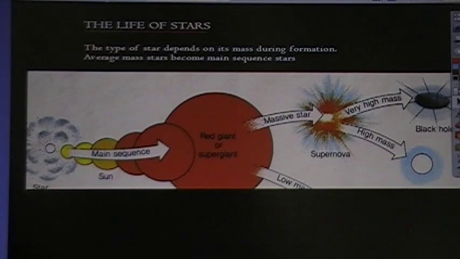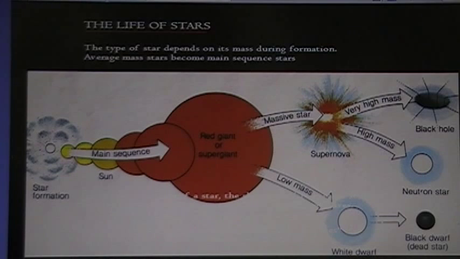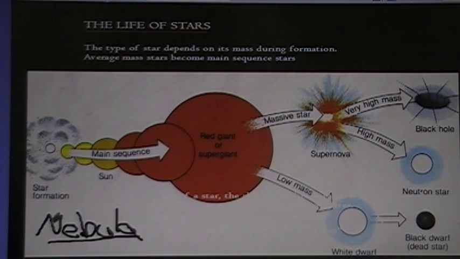Now we look at the life cycle of a star. In order to understand the life cycle of a star, the first thing you've got to understand is how does the star build? If we look over here, we have the star formation, and this star formation is what we're going to call the nebula. In the nebula we have gas and dust. It is all going to start collecting, and as it builds and builds, as we see the dust pattern over here, it starts to create more gravity.